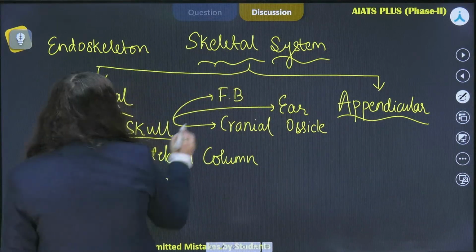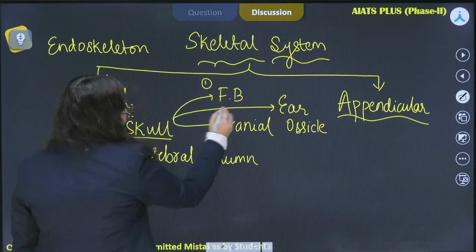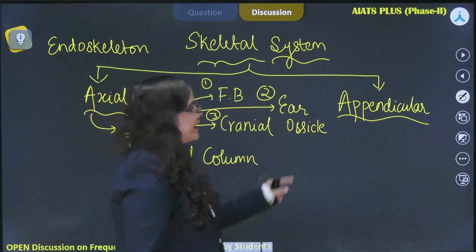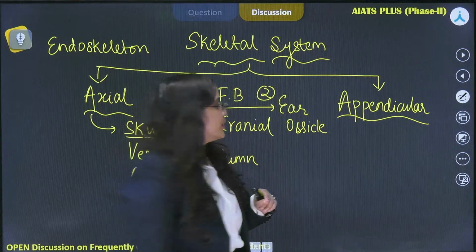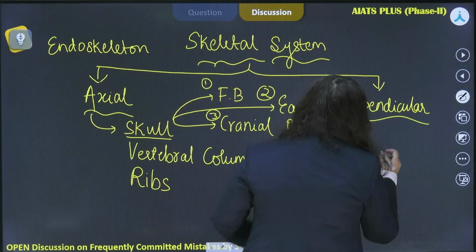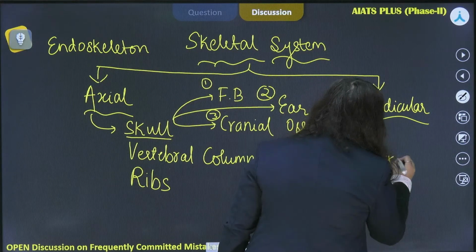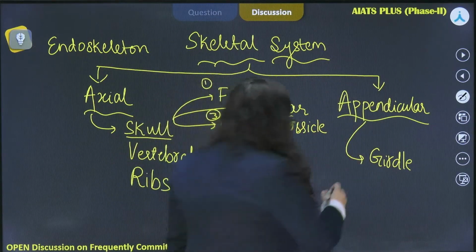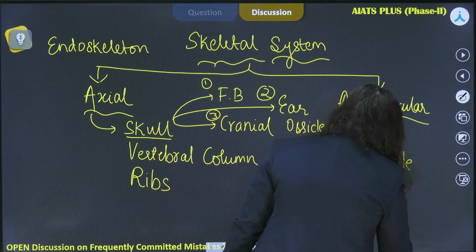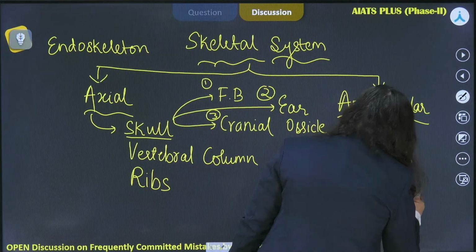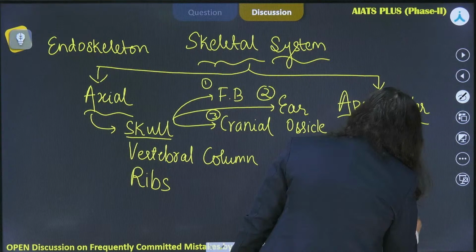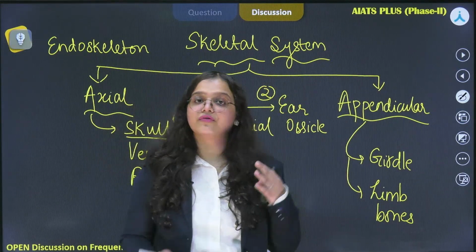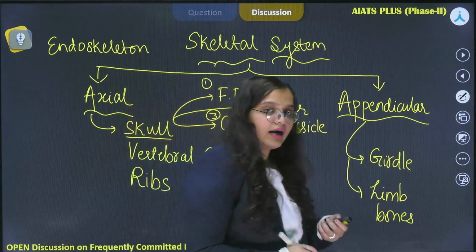So our skull is composed of these three components, whereas the appendicular system is composed of the girdle bones, which are the pectoral and the pelvic girdle, and the limb bones. The limb bones will obviously include both the forelimbs and the hind limbs.